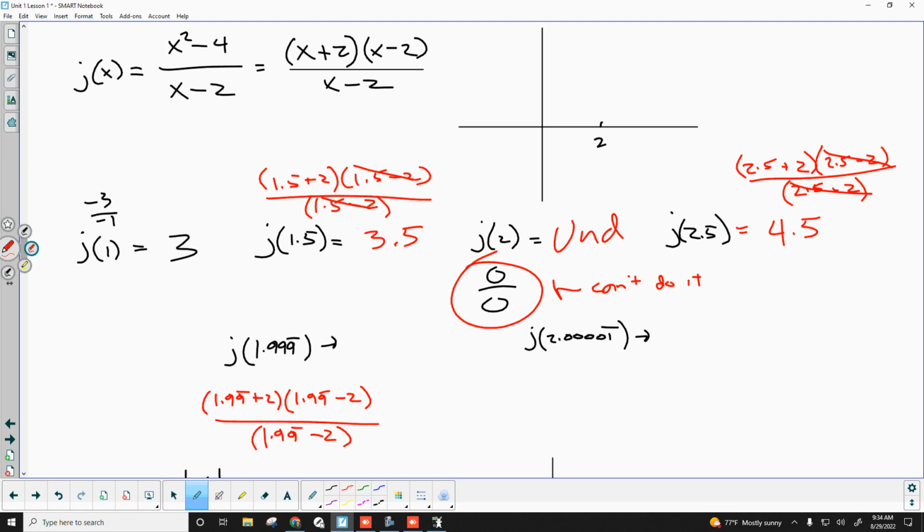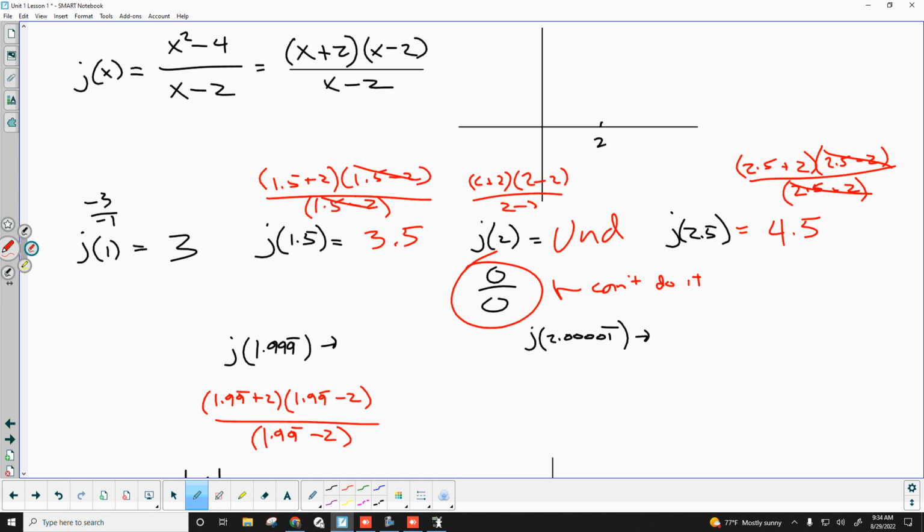Tell your neighbors, are you going to get 0 on the dot in the denominator for this one? No, you're getting something really, really close to 0, right? But is it equal to 0? No, but it's very, very close to it. So I still can't plug in 2: 2 plus 2, 2 minus 2, 2 minus 2.